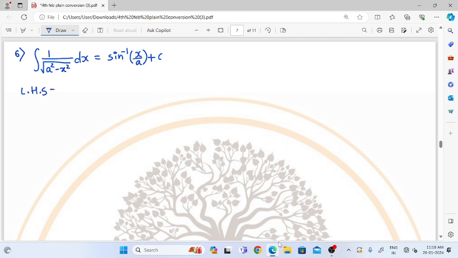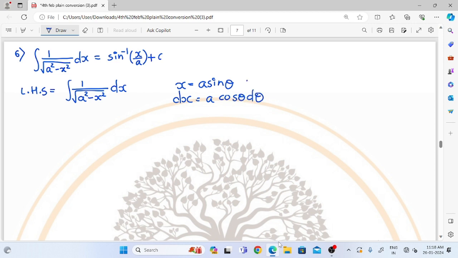LHS is integration 1 upon root of a square minus x square dx. So we need to prove that it is equal to sine inverse of x by a. So let's take x is equal to a sine theta. So dx is equal to a, the derivative of sine theta is cos theta d theta.